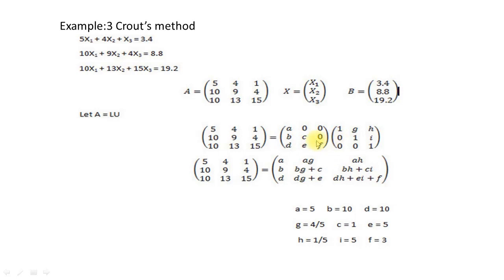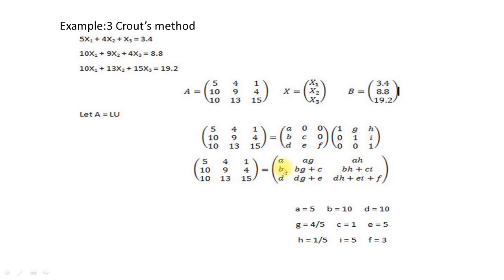Multiplying these two matrices, we obtain a single matrix, and then by comparing the corresponding elements on the right hand side, A is equal to 5, AG is equal to 4, and putting the value of A, we obtain G is equal to 4 by 5. Similarly, for the other comparisons, we obtain B is equal to 10.